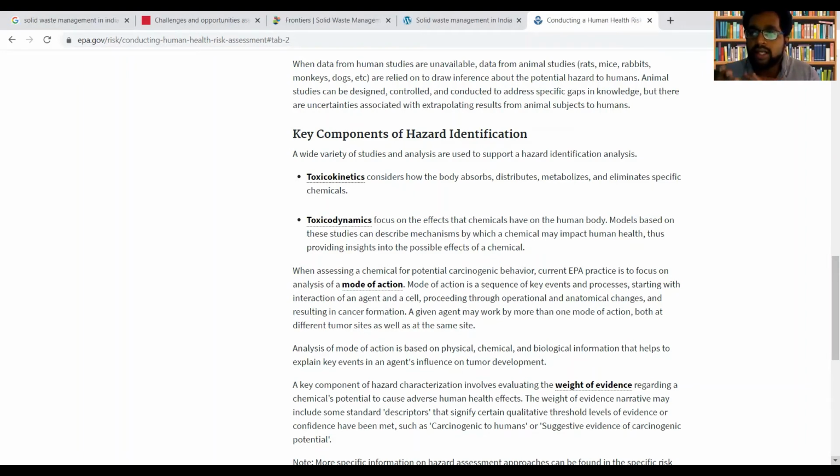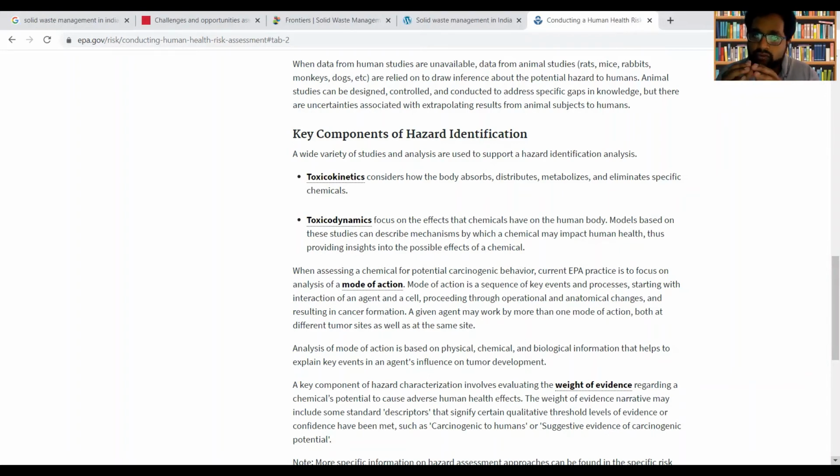But it will be dealing with the process involved in associating the body with this particular toxic material, such as how the body will be absorbing this chemical, distributing it within, metabolizing it, and how that specific toxic chemical will be eliminated from the body.